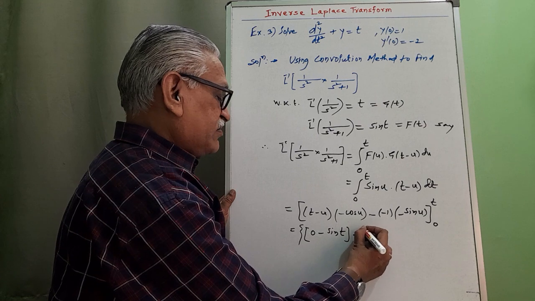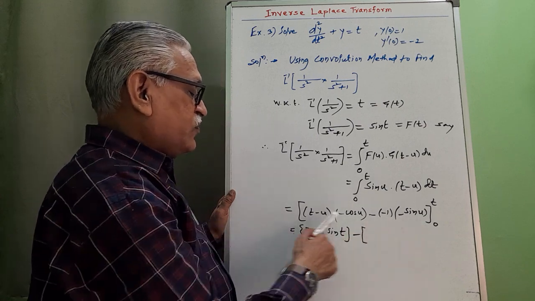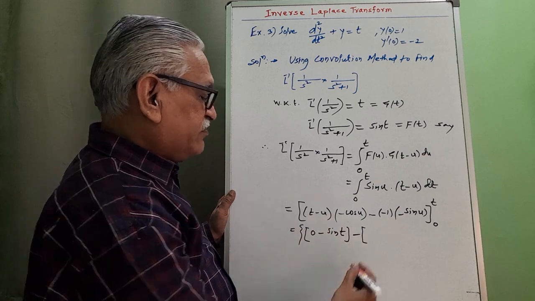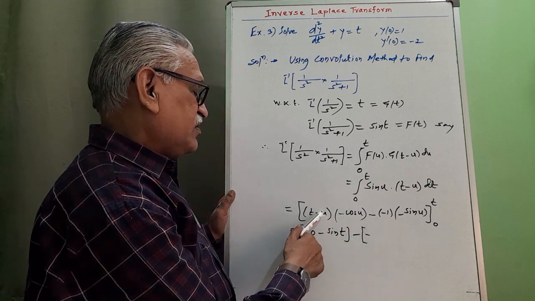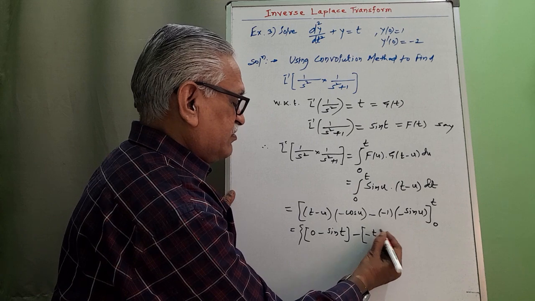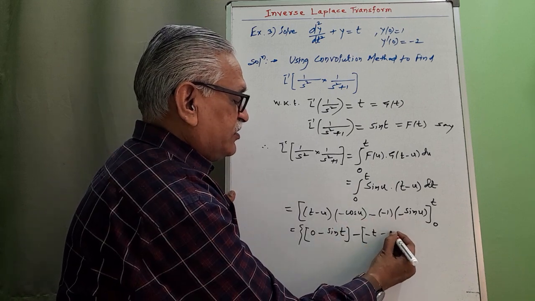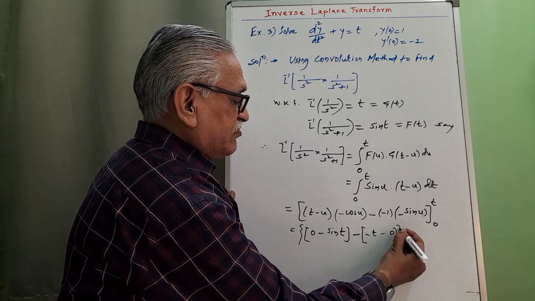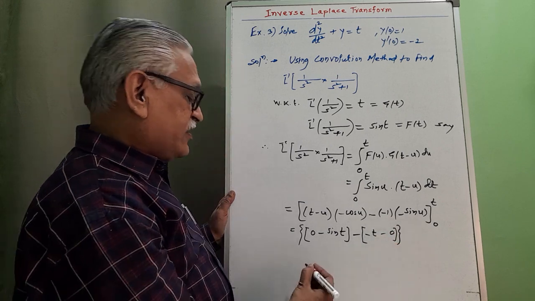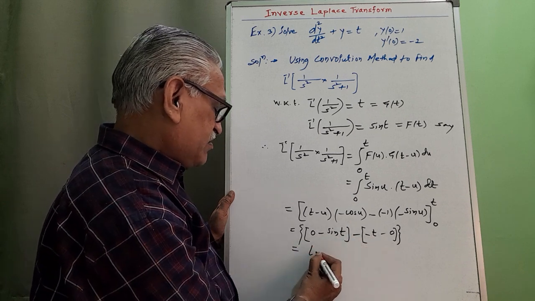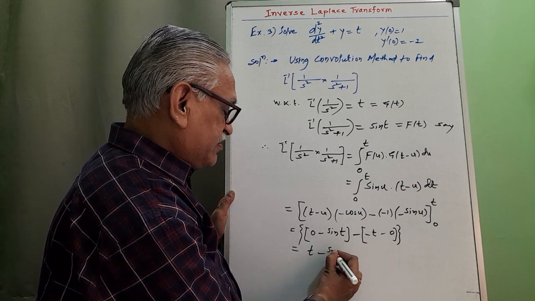Minus the lower limit u equal to 0, cos 0 is 1, therefore with minus sign, t, minus sine 0 is 0, and therefore that term becomes t minus sine t.